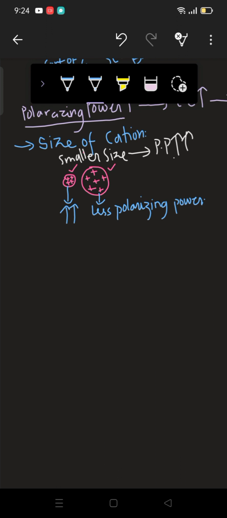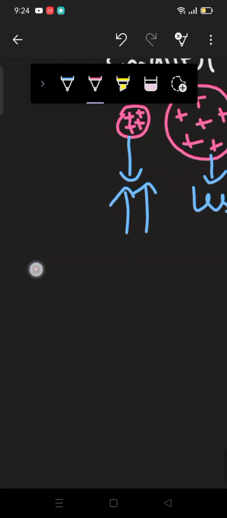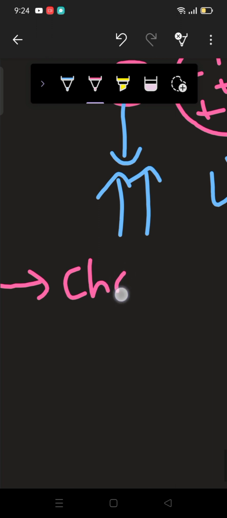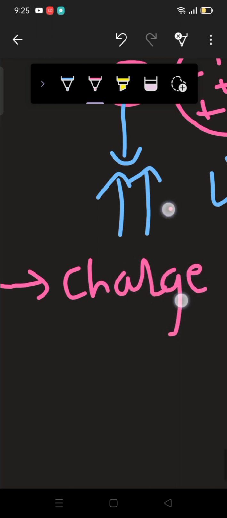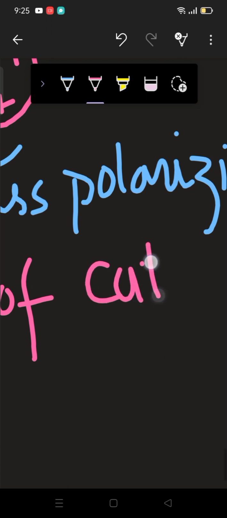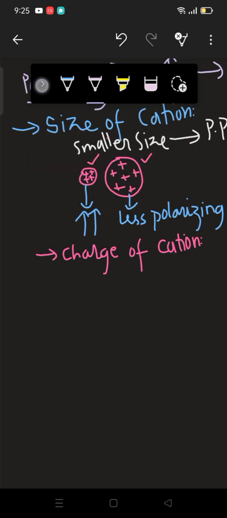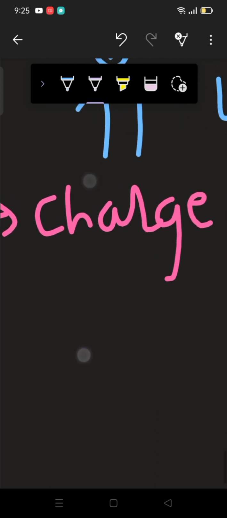Now we have talked about the size of the cation. Let's talk now about the charge of the cation. The more charge the cation has, the more polarizing power it will have.